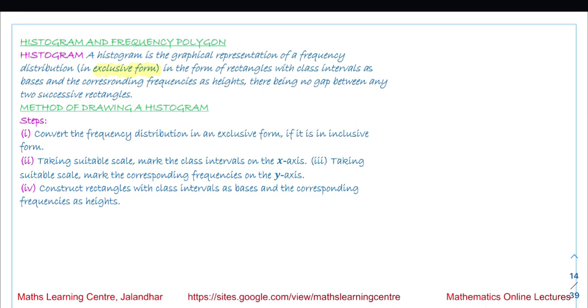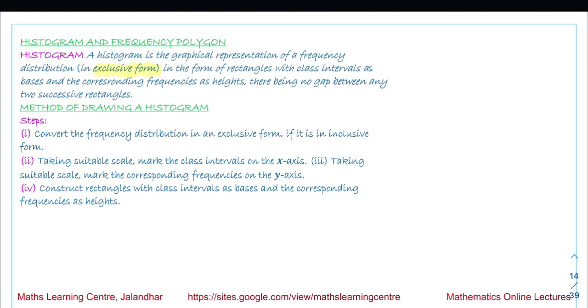We will see the meaning of this definition with an example. First, the steps of drawing the histogram. First, we convert the frequency distribution into inclusive form. Whatever frequency distribution is given to us, we convert it to inclusive form; if it is already inclusive, we need not do anything. Next, we take a suitable scale and mark the class intervals on the x-axis.